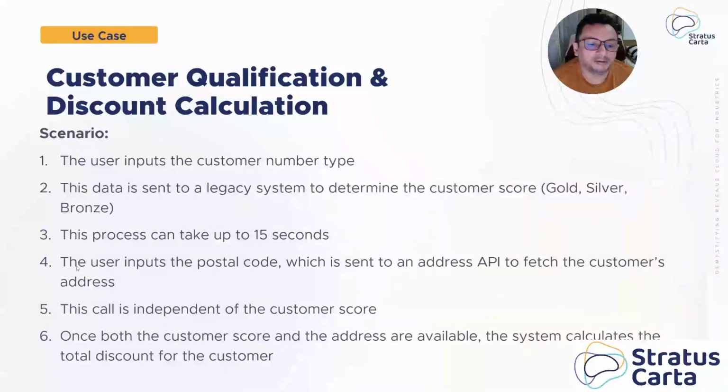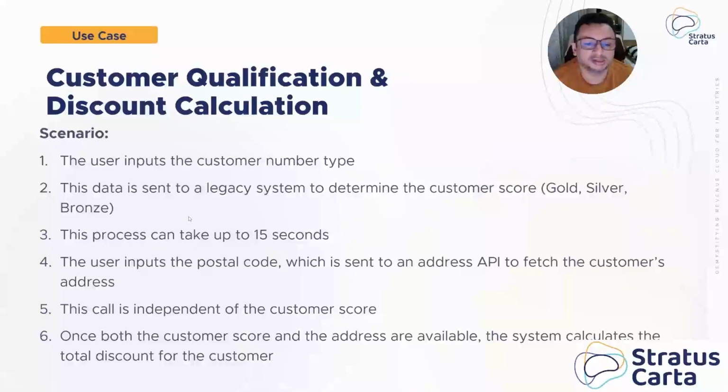After that, we have another screen where we pass the postal code, and then we call another API to get the address. After we have the address and the customer score, we have another rule which determines the discount value.